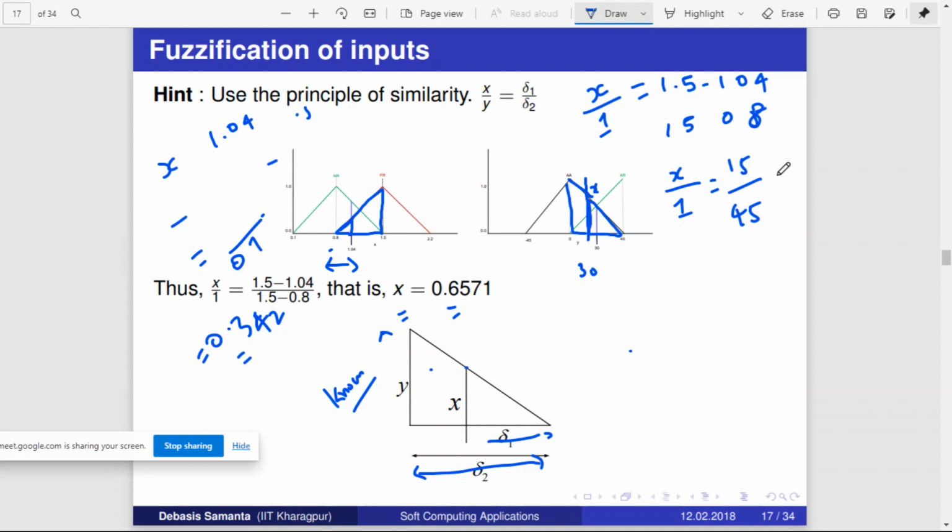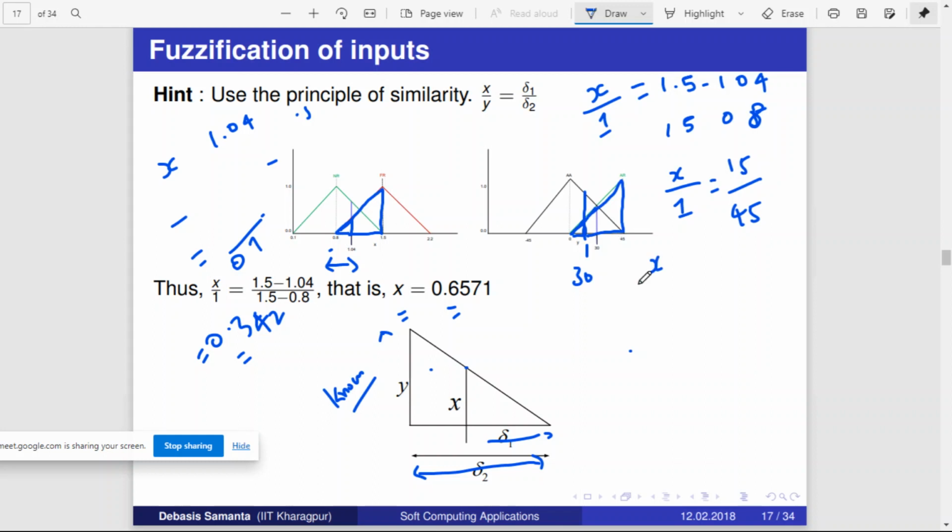Similarly, the other way around also you can calculate. In the second case, we want to find for the smaller line. Now 30 is here, it is going to cut here, but now we are not bothered about that. You have to take this small triangle and this one. This point is 30.